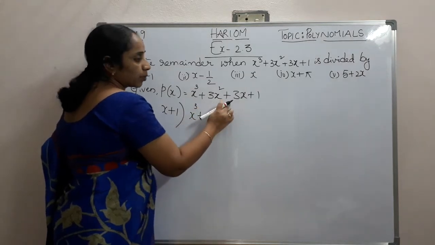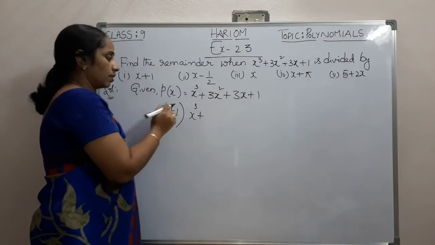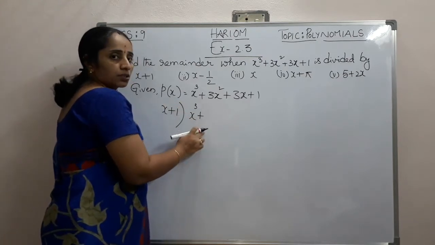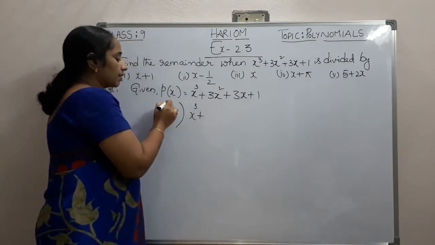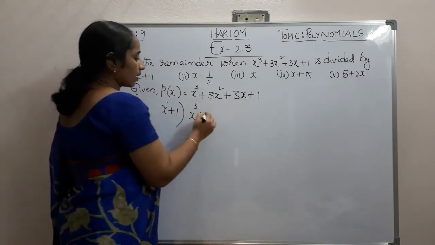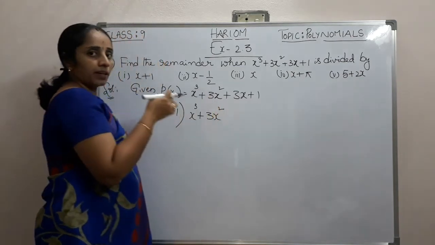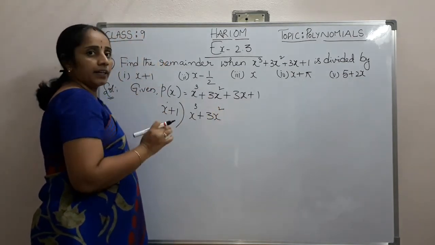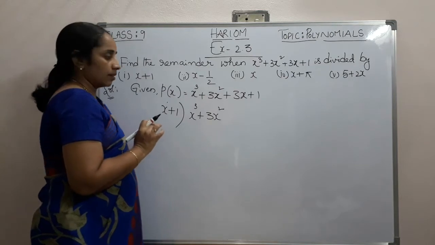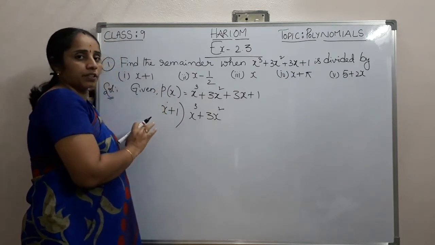This is a cubic polynomial and this is a monomial, as you know. Its degree is 3, so it is a cubic polynomial. Its degree is 1, so it is a linear polynomial.